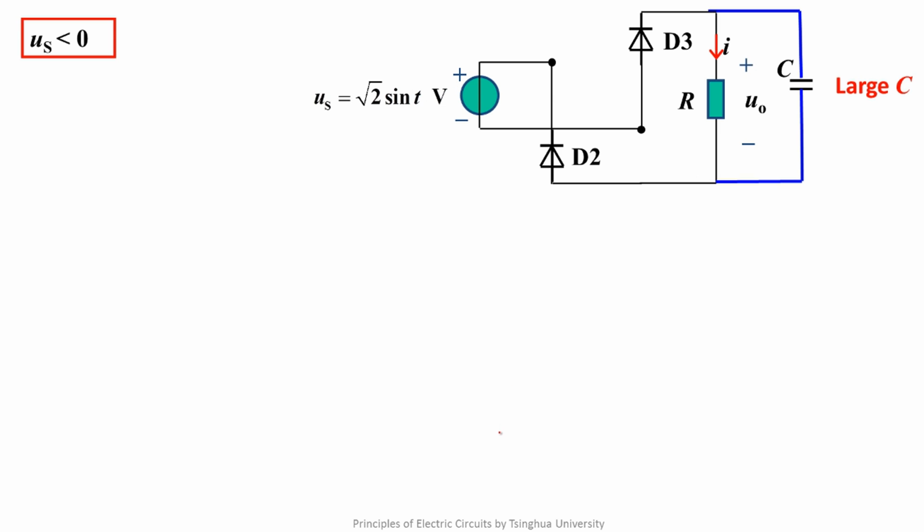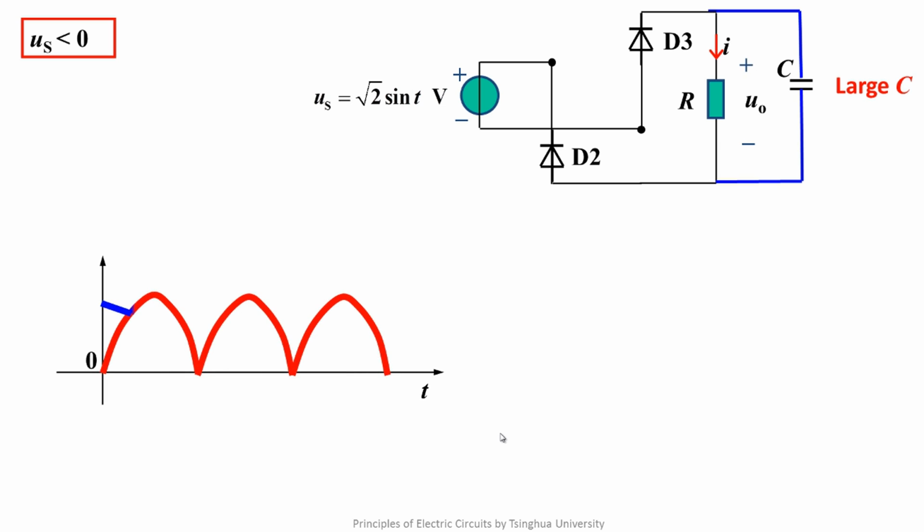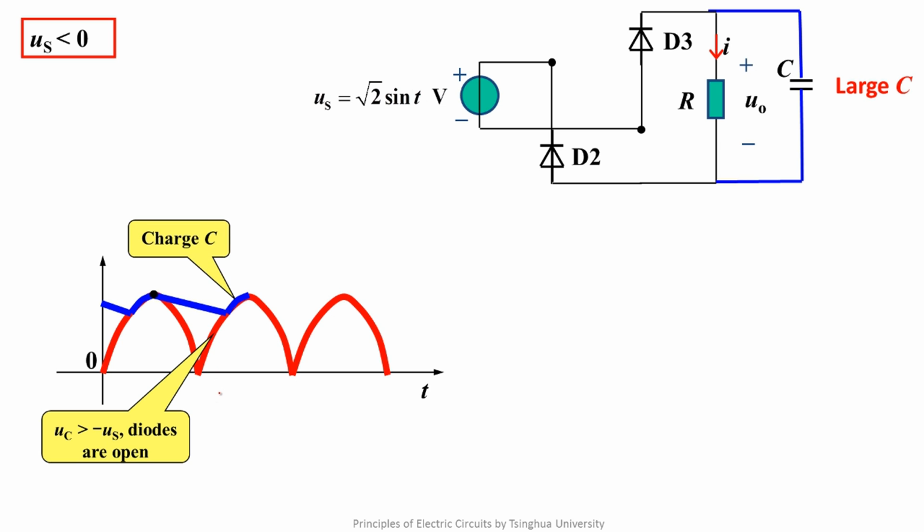After adding a large capacitor, in the time period of US less than 0, if minus US is less than UC, D2 and D3 are open. Only when minus US is greater than UC does the source charge the capacitor and supply power to the load. The following process is the same as the previous one.